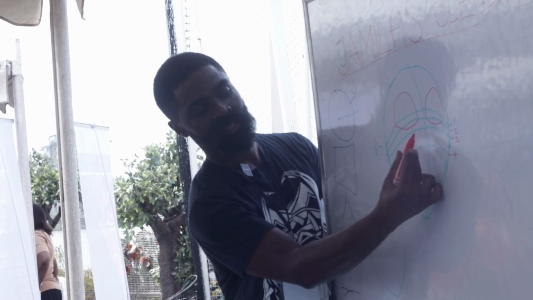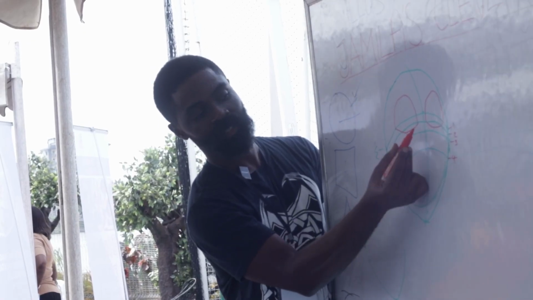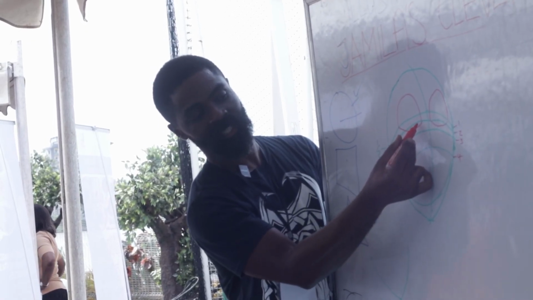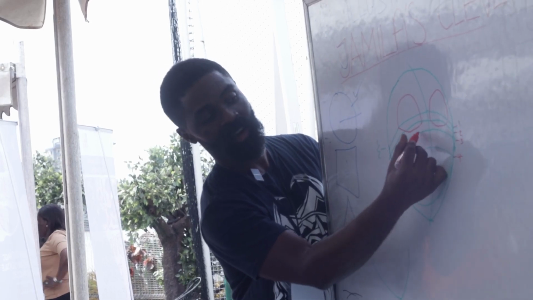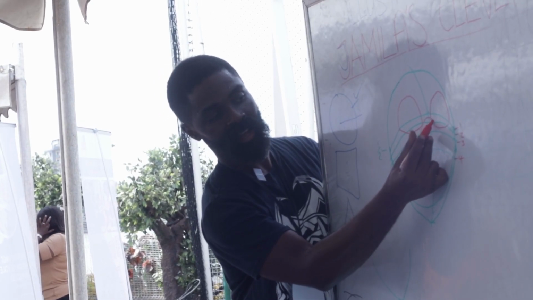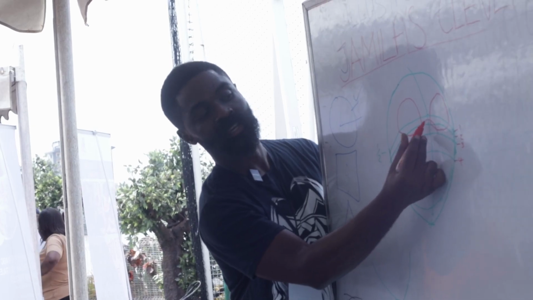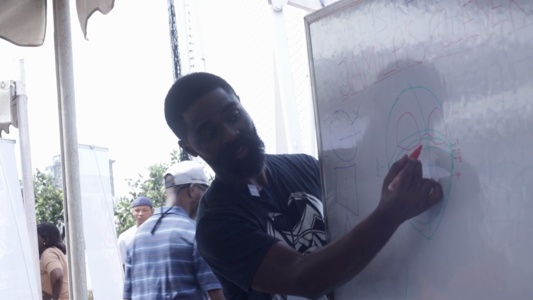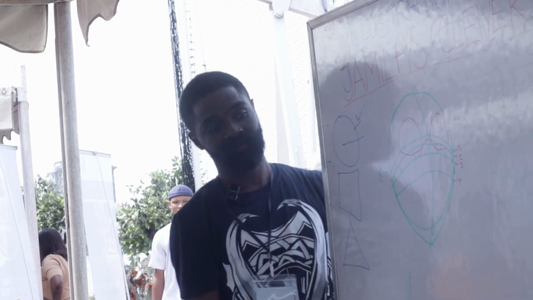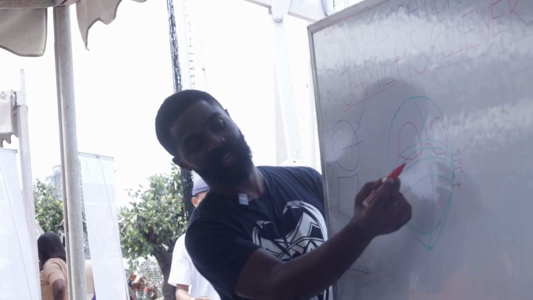Okay, from about this point, a little to the side of this point, on the third line, I'm going to draw an arc like that. It can enter the second eye if you want, or it can be in front of it. Mine enters the second eye. Yeah, from the third line.